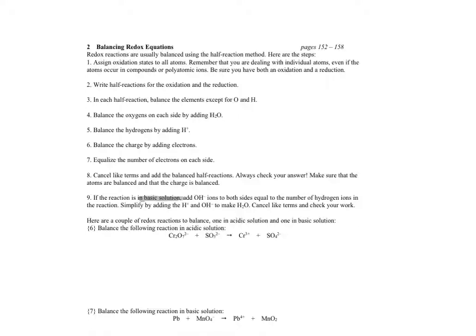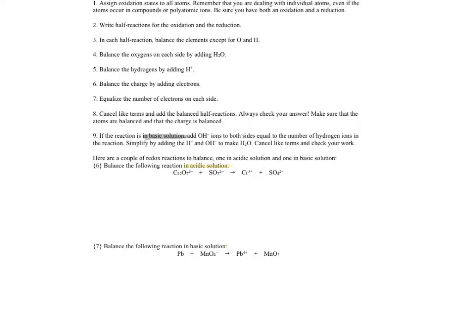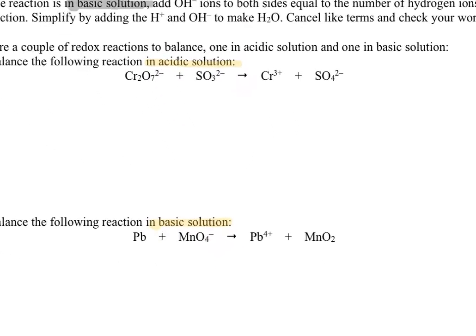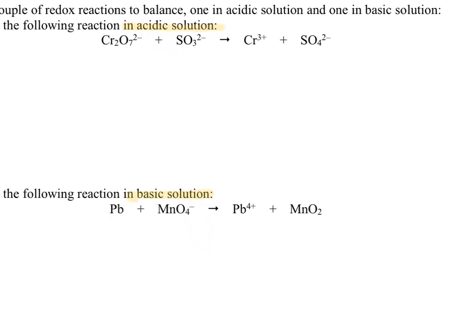Our first example is going to be under acidic conditions, and our second example is going to be done under basic conditions. The good news is it's really the same process, except for one additional step for basic solutions.